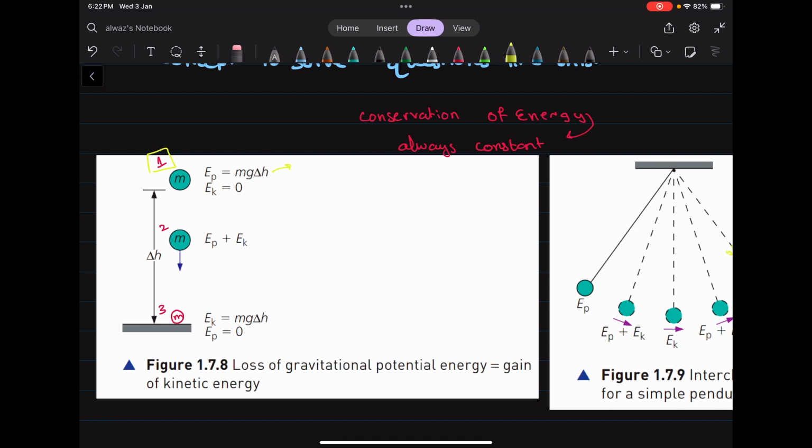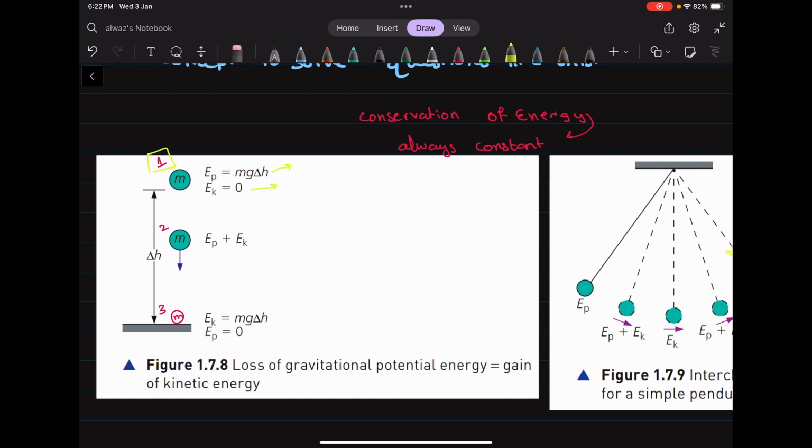So mg delta h, and as the ball is at rest, it has zero kinetic energy. Now this is simple, it is understood. Our ball isn't moving, our kinetic energy is zero, and because it's at a height delta h, it's going to have a potential energy of mg delta h.